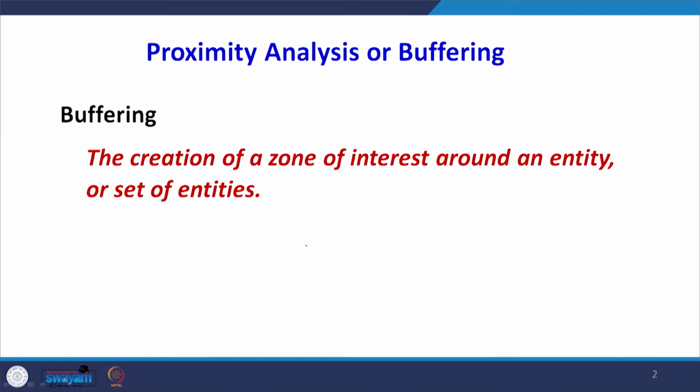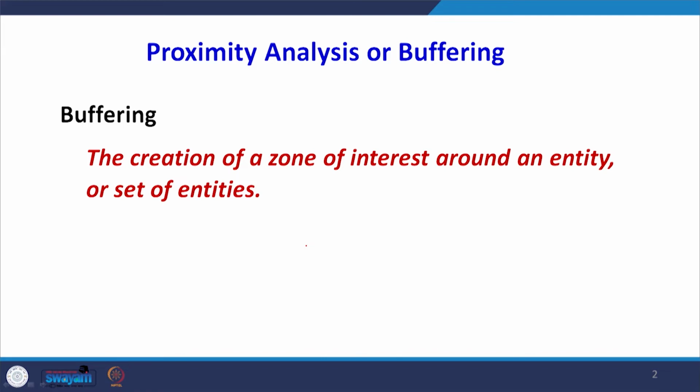Buffering is also called proximity analysis, and it is very important in the sense that one pixel value could be correlated with the surrounding pixel. So we like to derive the properties from the neighborhood areas, and we call it proximity analysis or buffering.